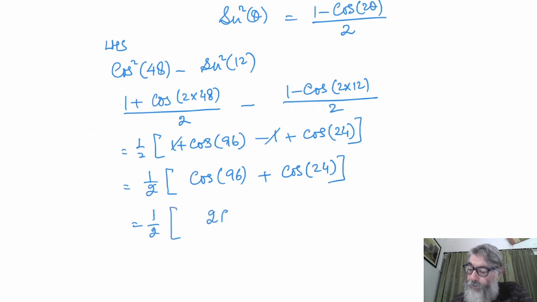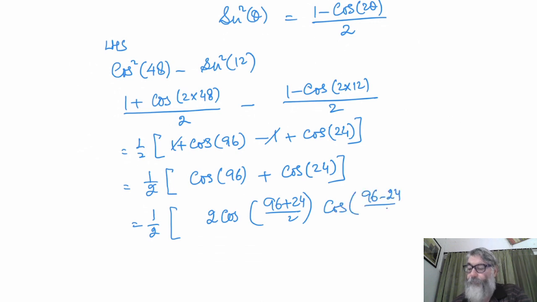So 1 upon 2 into 2 cos of 96 plus 24 upon 2, and cos of 96 minus 24 upon 2.